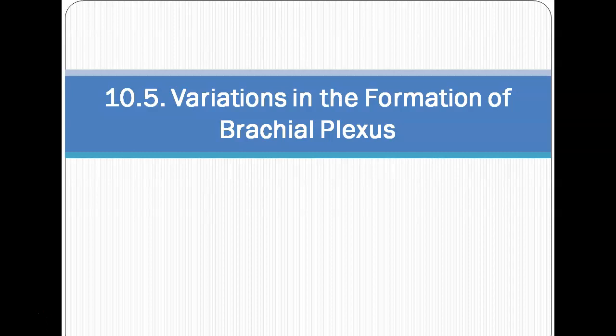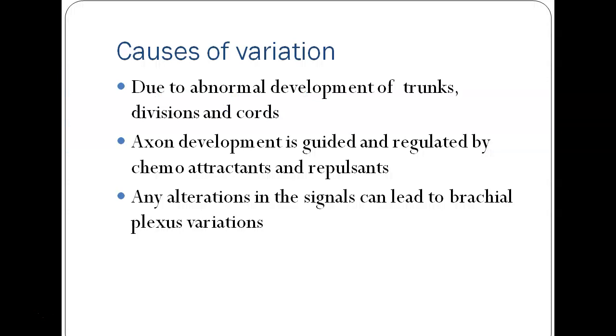Then we proceed to next competency, that is variations in the formation of brachial plexus. So coming to cause of variation, it can be due to abnormal development of trunks, divisions, and cords.